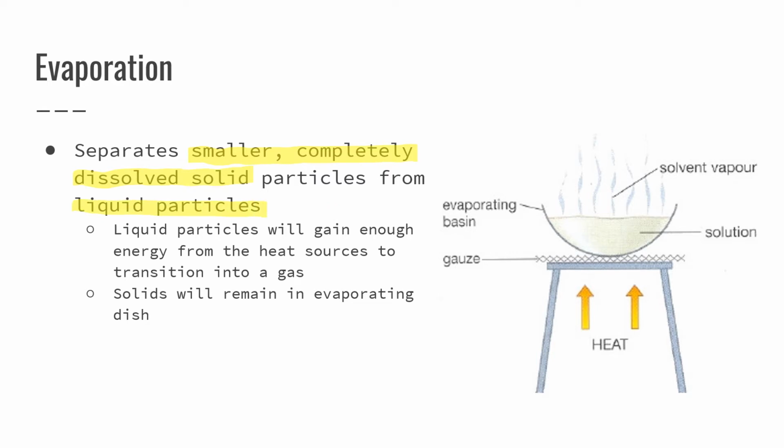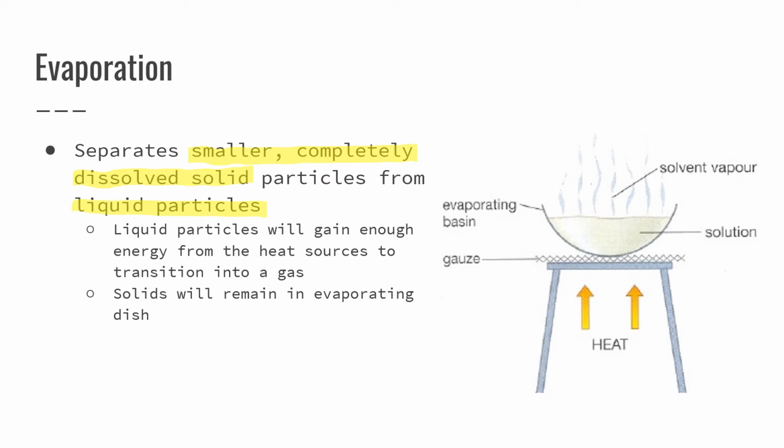Because these particles are so much smaller, if we were to use a piece of filter paper to try and separate them, the solid particles would actually be able to pass through the filter paper with the liquid particles. So we have to come up with another alternative for how to separate these two things, and that is why we use the process of evaporation.